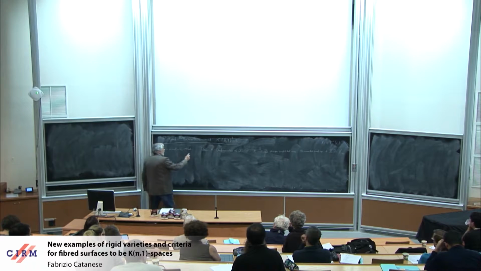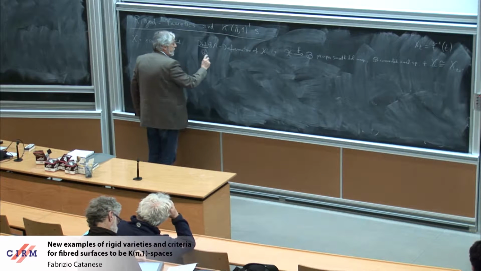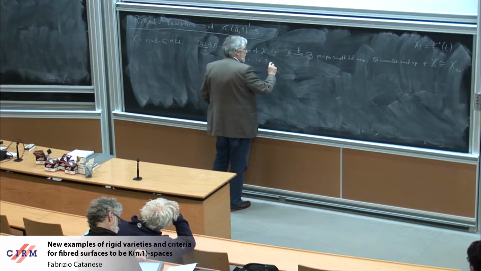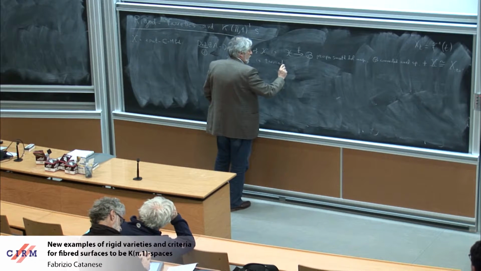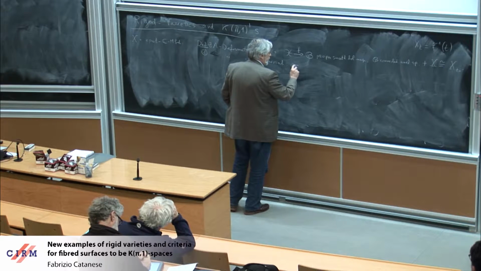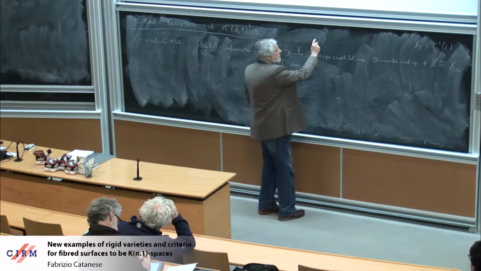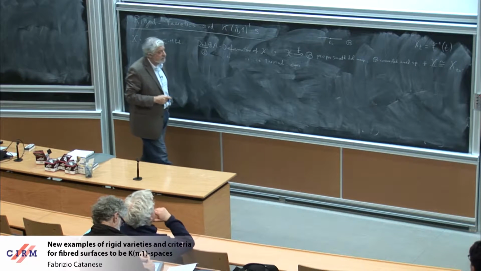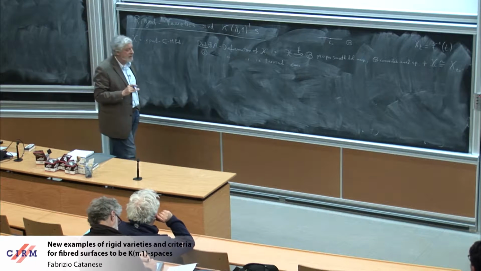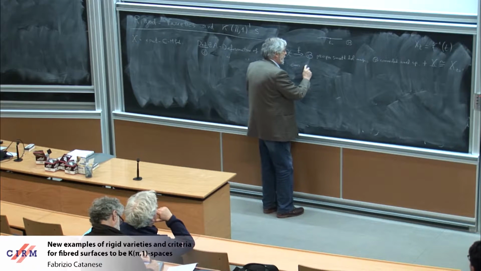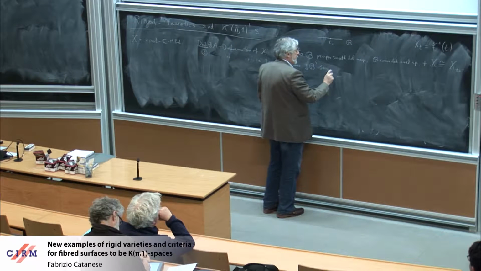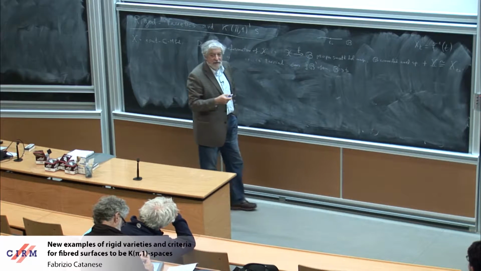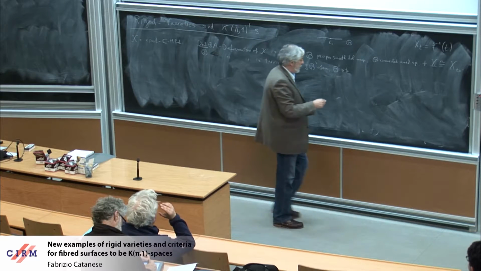First of all, a deformation is said to be trivial if, in the deformation there's B, then there is a fixed point, so one should really think that this is a germ of an analytic space, and trivial means that there exists an open set B prime containing t0 such that the family is trivial over B prime.